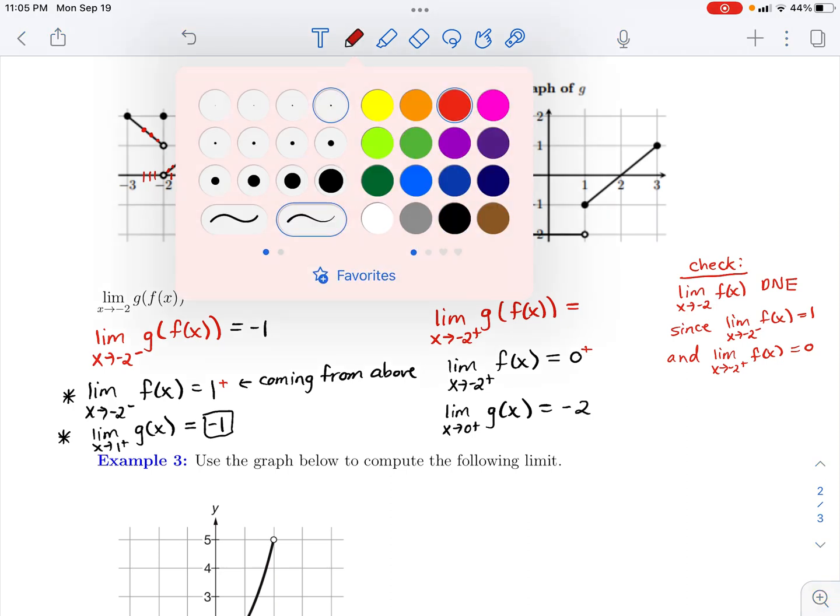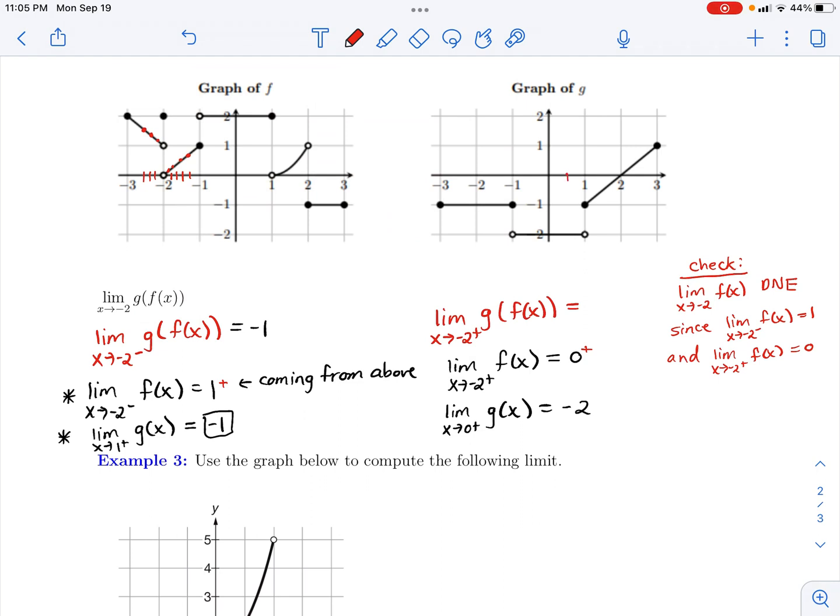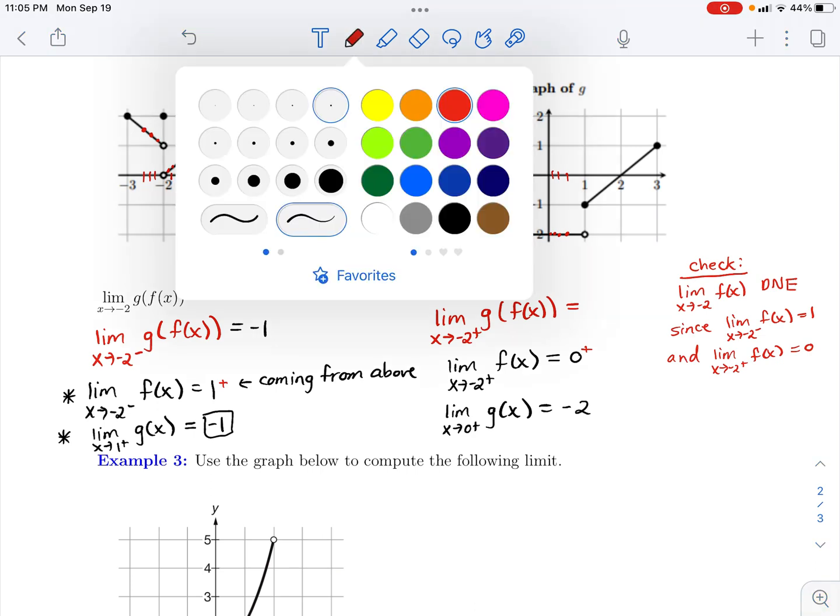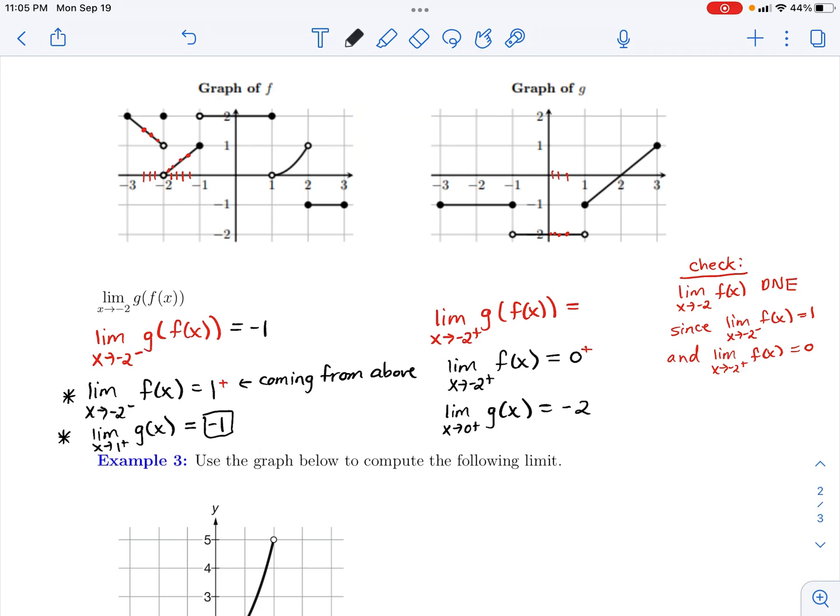Right, coming from 0 from the right, this is 1/2, 1/3, 1/4, and I'm getting really, really close to that value of -2 there. So that means that this is going to be -2.